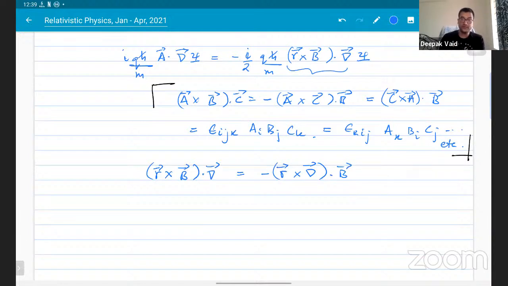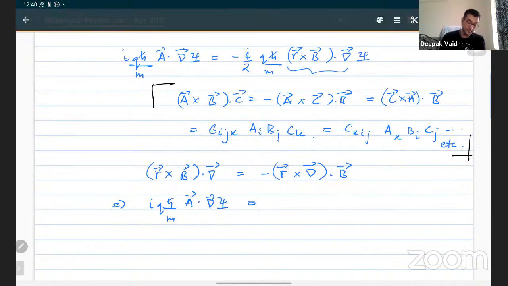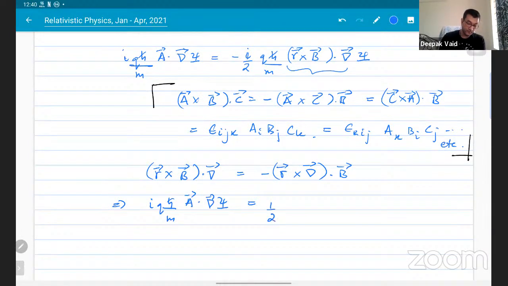If it was not a constant field, you couldn't do this. And so we have i q h bar by m, and this term becomes A dot gradient of psi. So you have a minus sign here and a minus sign here, it goes away, and you get 1/2 q h bar by m, R cross the gradient.